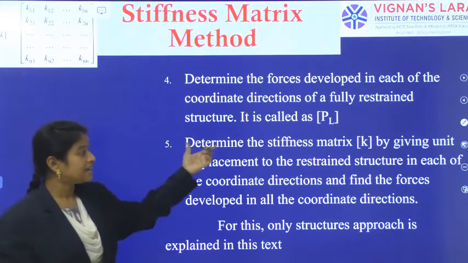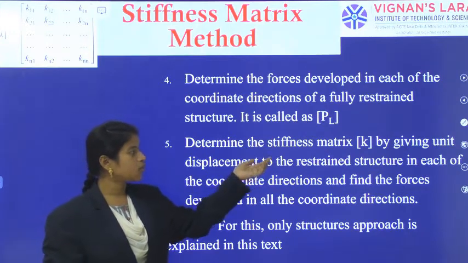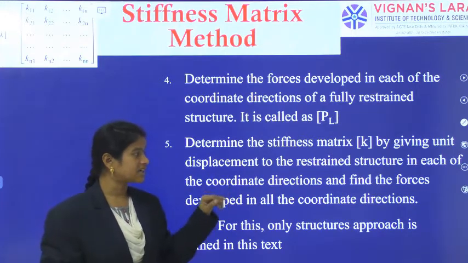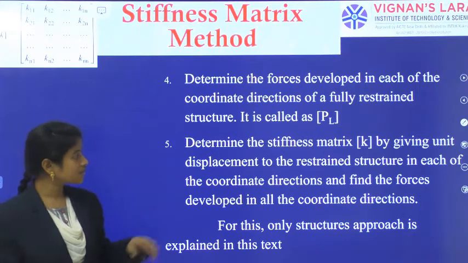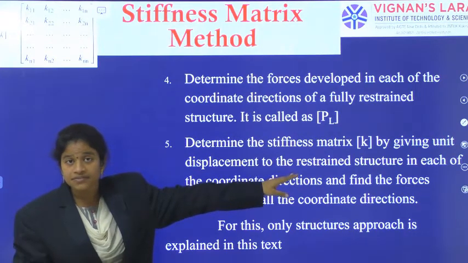The next thing, determine the stiffness matrix K by giving unit displacement to the restrained structure in each of the coordinate directions and find the forces developed in the coordinate directions. How should we calculate the stiffness matrix?